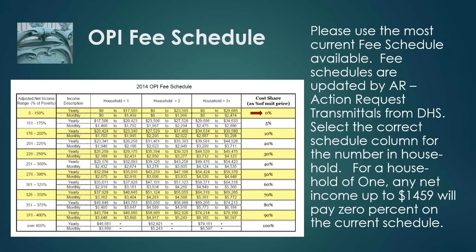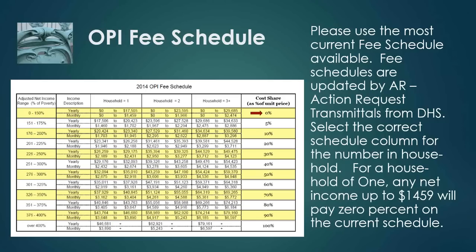But if you're looking at the slide that I have up, you'll see that for a household of one person, any net income up to $1,459 will pay 0% on the current schedule.